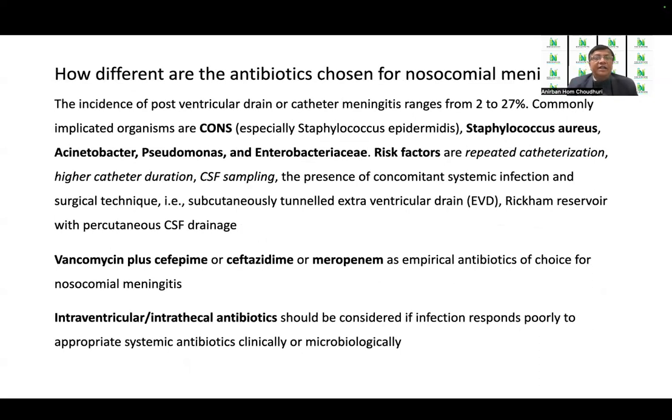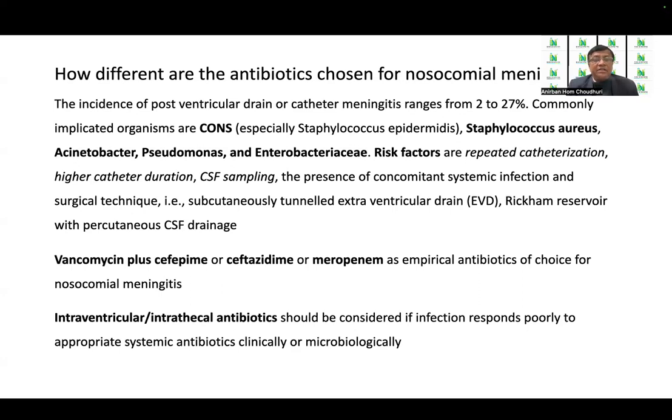Now, how different are the antibiotics chosen for nosocomial meningitis? If this patient is coming from the community, we know we have third generation cephalosporins in our hand, to which we can combine a few of the other options that we showed. But if it is acquired in the hospital, most of these patients who develop meningitis usually have a ventricular drain or a catheter.